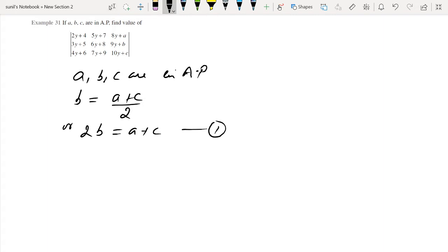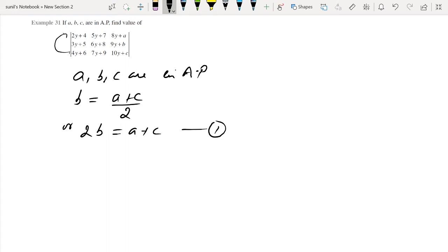Now you might observe one thing here carefully. If I add row 1 and row 3, it is nothing but twice of the second row. Now clearly you can see that their sum is nothing but twice of that.